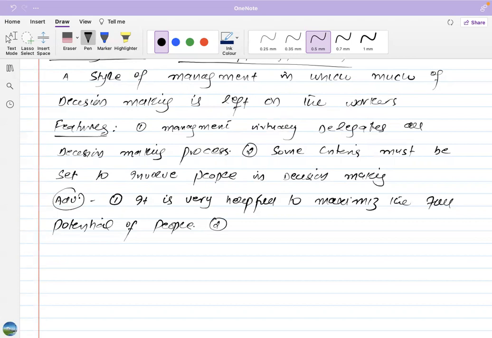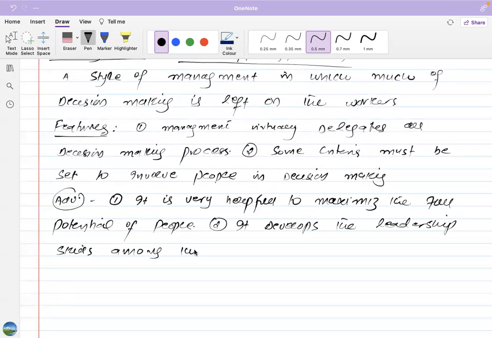Secondly, it develops leadership skills among the employees.